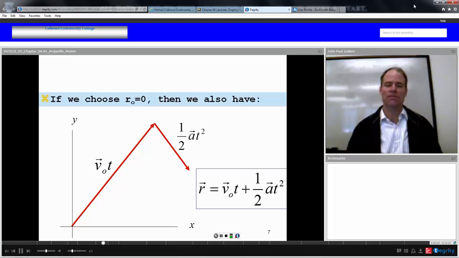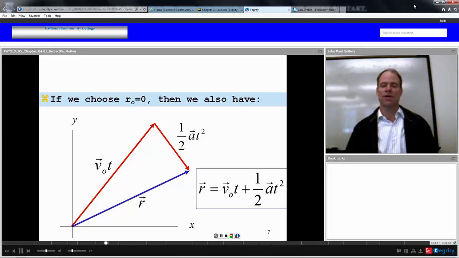Both of these have units of meters and they have definite individual directions. The sum of these two gives me my final position. So my final position is v naught t plus 1/2 at squared, kinematic equation number 4. But we can see that strictly in terms of magnitude and direction, it is the sum of vectors.